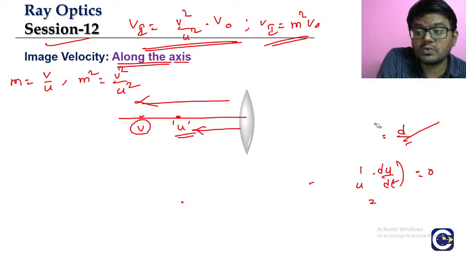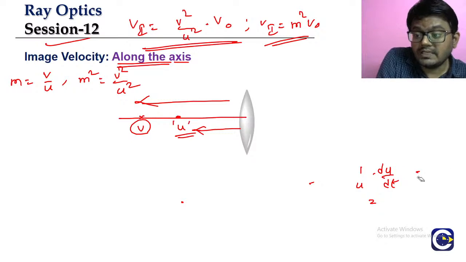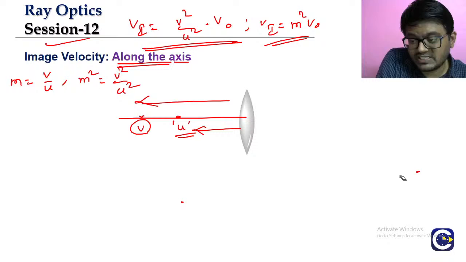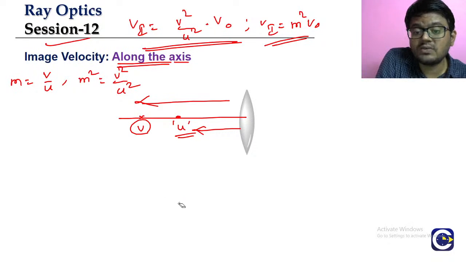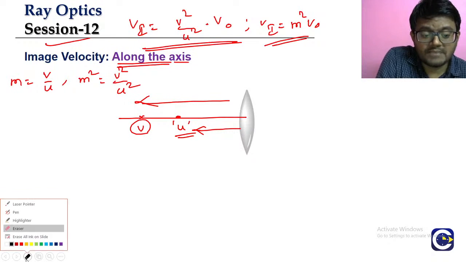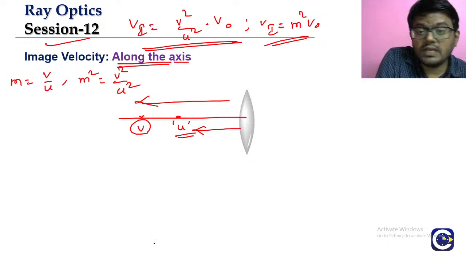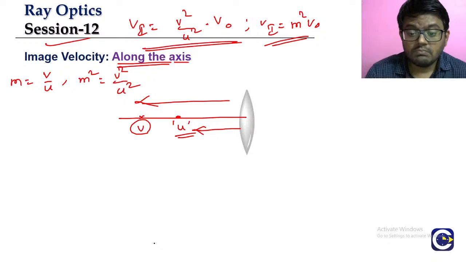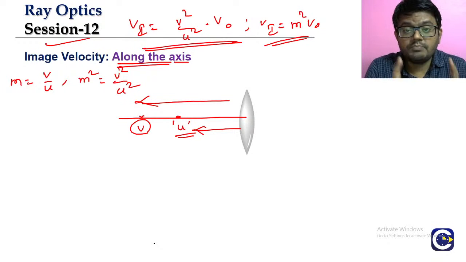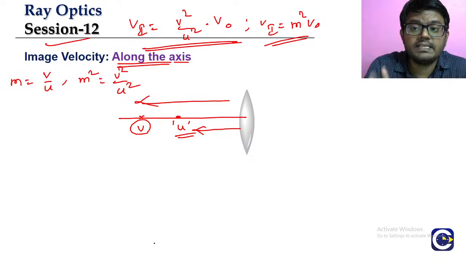Straight away, what is the conclusion we can make? The directions of the velocities, both will be in the same direction, because velocity of the image is equal to M square into velocity of the object, and M square will be positive. Which means both the component of the image velocity along the axis and the component of the object velocity along the axis will be in the same direction.